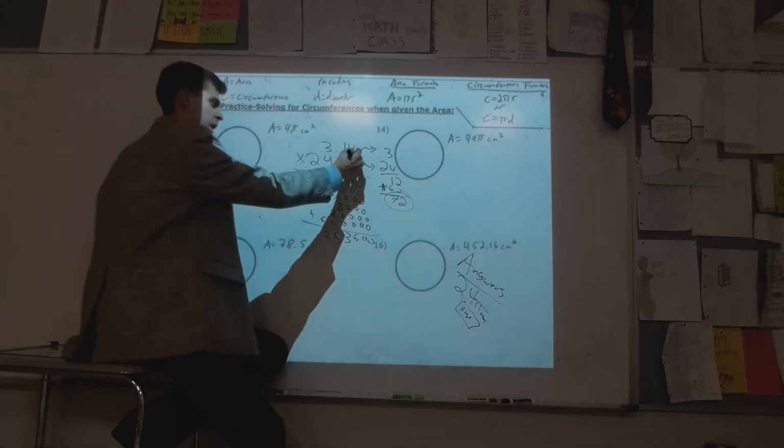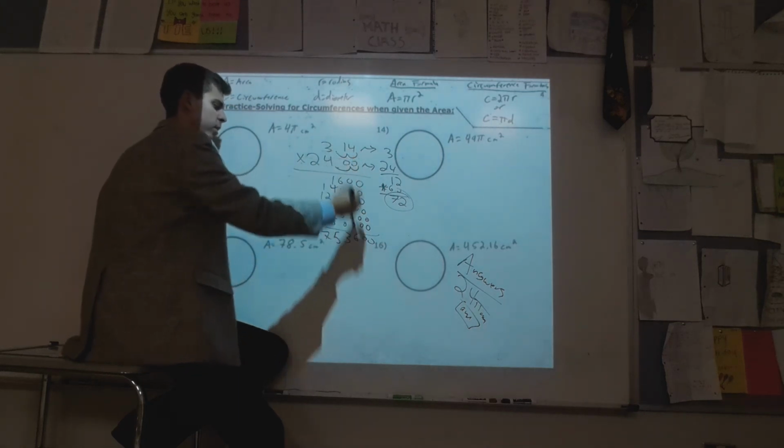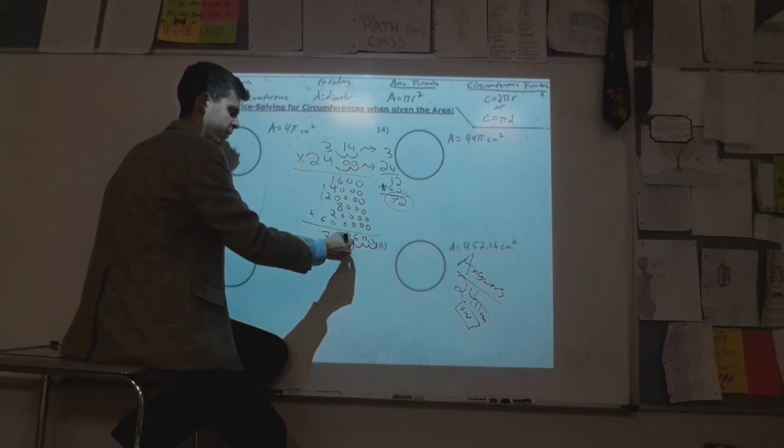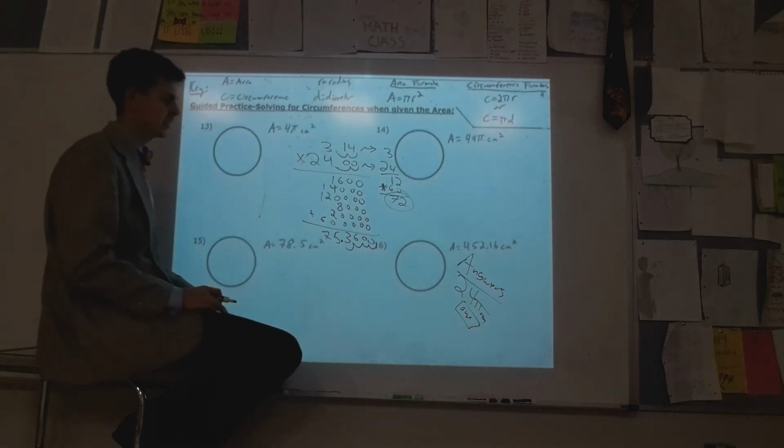Okay. There, I know there's 1, 2, 3, 4 decimal places. I'm glad that I did this multiplication.